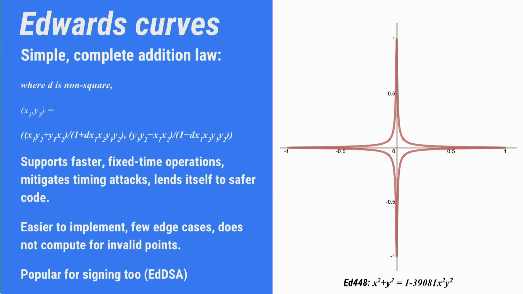And it turns out in the past 10 years, there's been a new field of research into what's called Edwards curves. It's a different set of elliptic curves that have very nice properties, and that's all the math you need to do to be able to compute over Edwards curves. It's very nice. That's a really bad format of my math, but it's a pretty simple computation. The computation applies to any input. There are very few edge cases.